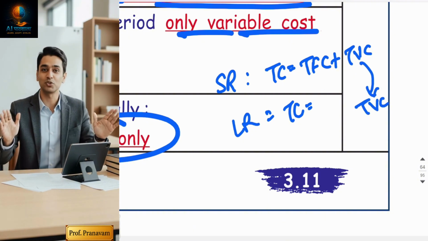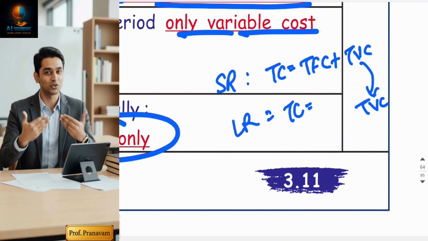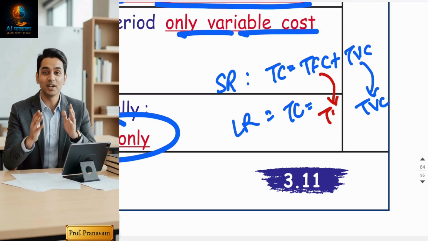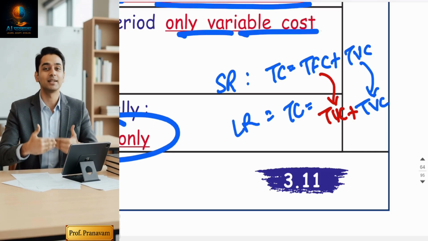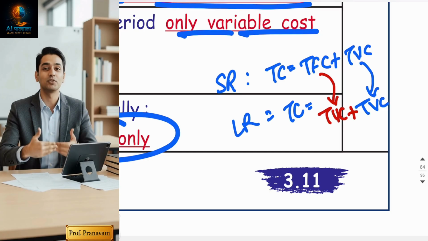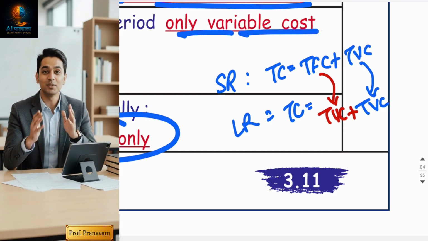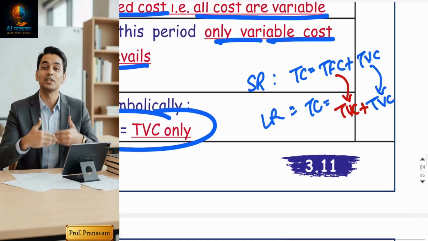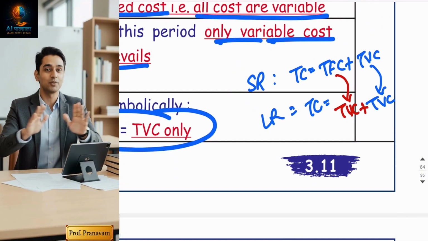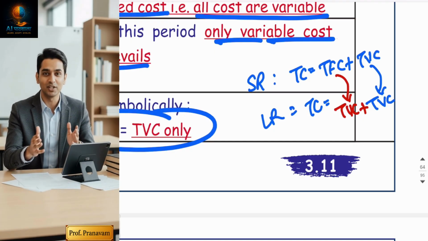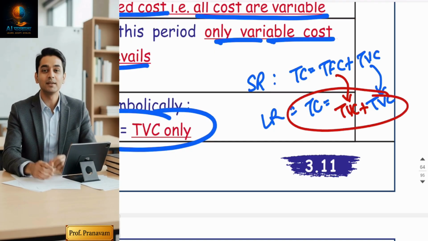But the cost which was fixed in the short run converts into variable. Economists want to say that in the long run, the fixed cost converts into variable cost. So fixed cost converts into variable, and variable is variable. Hence everything is variable. Hence there is no fixed cost.